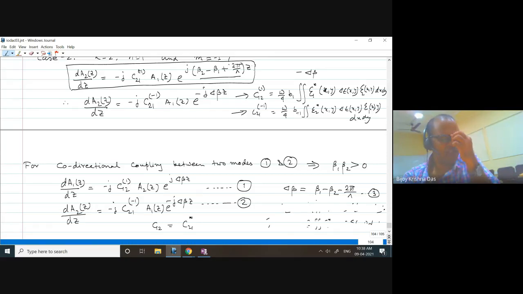If Fourier coefficients are complex, then plus direction and minus direction will also become complex conjugate to each other. So if C12 we defined as kappa, then C21 we can write as kappa star. So they are the same value. Because we are restricting ourselves only between two modes, we are just writing kappa and kappa star.